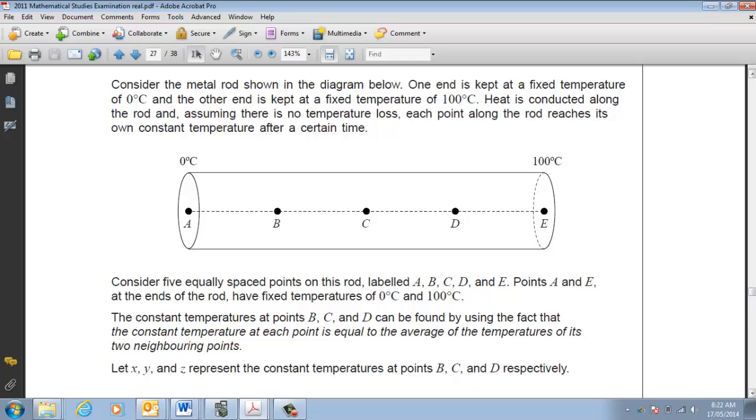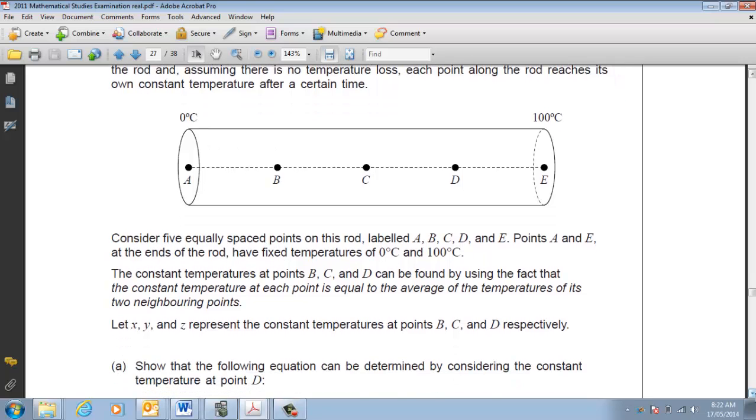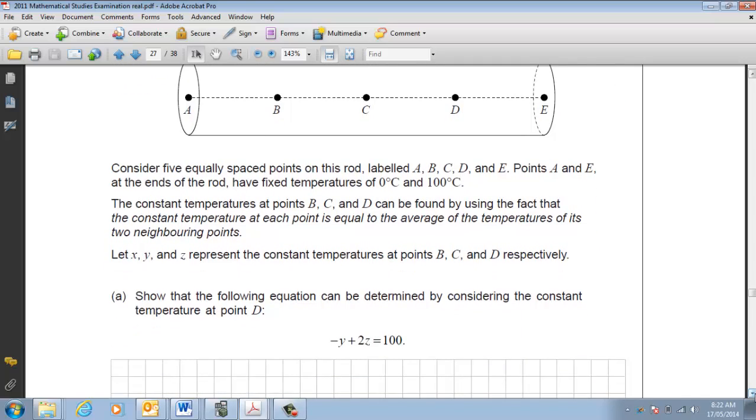But they've given you an example of how to actually put that together. They're labelling the points A, B, C, D. And then it says, show that the following equation can be determined by considering a constant temperature at D.